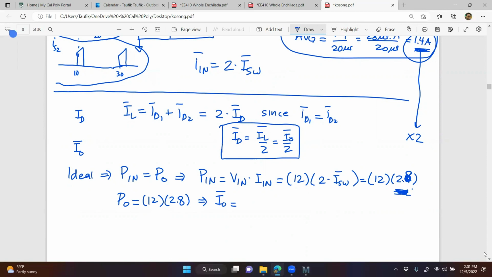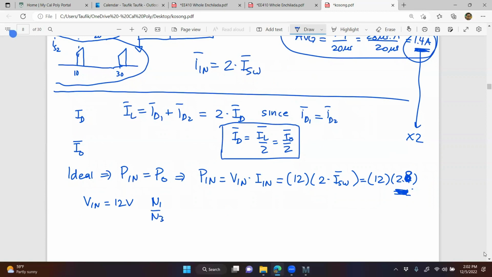I out average is equal to what? We don't know V out yet, but we will. I know the turns ratio, I know what V in is, and I know the duty cycle. V in is equal to 12. Turns ratio was 1 to 3, I believe.